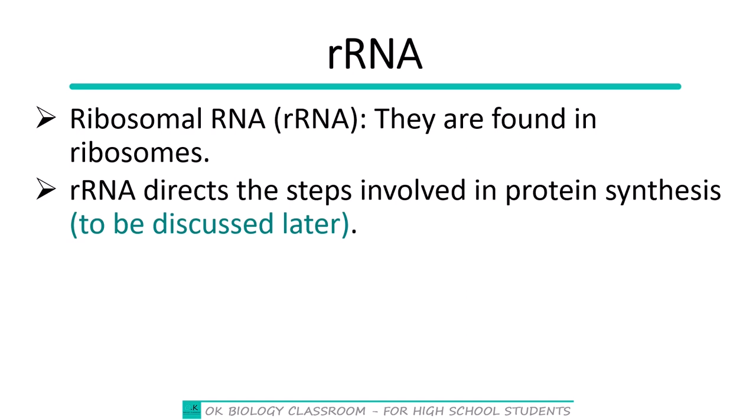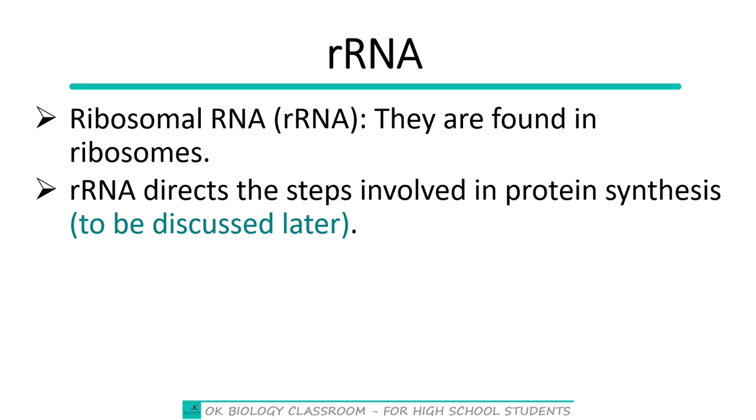Okay, and we have talked about the various types of the RNAs, or the well-known ones as we call them. We have talked about the messenger RNA, which copies information from the DNA and then sends the information into the cytoplasm, because DNA is in the nucleus. Then we talked about the transfer RNA, which copies the information from the messenger RNA.